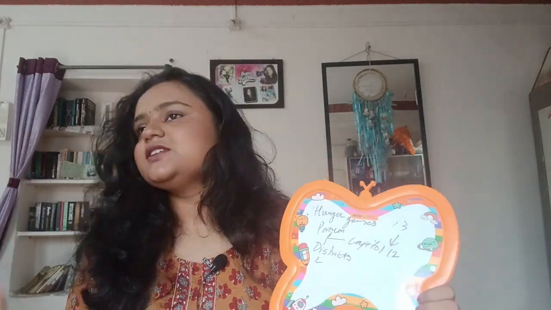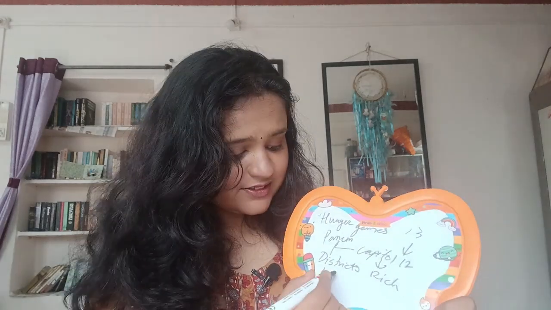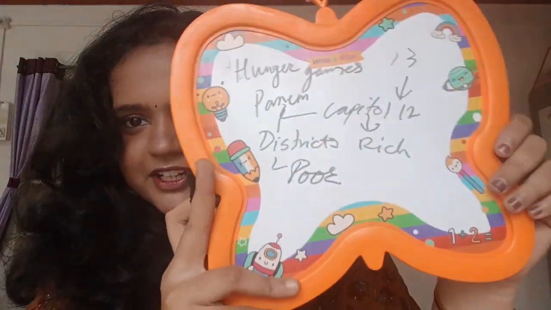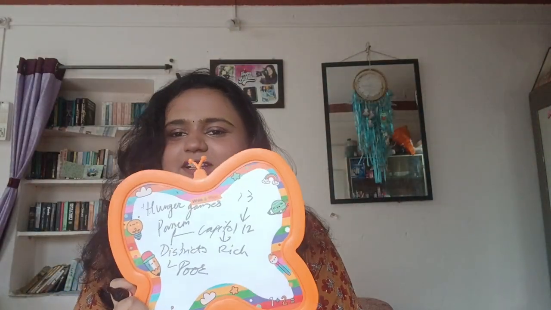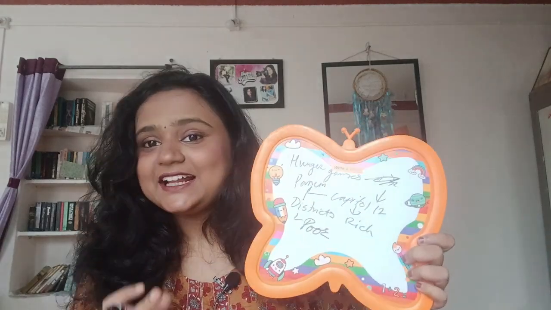Why did it happen? There was a civil war between district and capital because capital people are rich, okay, while district people are poor. Very important, okay, remember that district people are poor, and there was this civil war which wiped out district 13, so no more district 13 here, and there are only 12 districts remaining now.